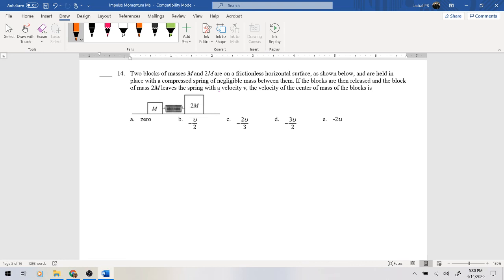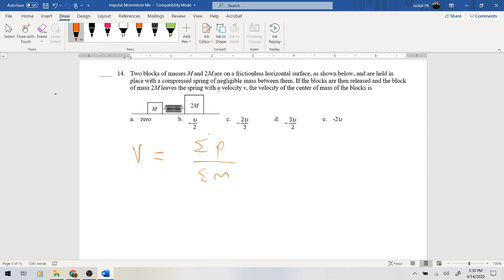That's a center of mass question. Velocity of the center of mass is going to be total momentum divided by total mass.